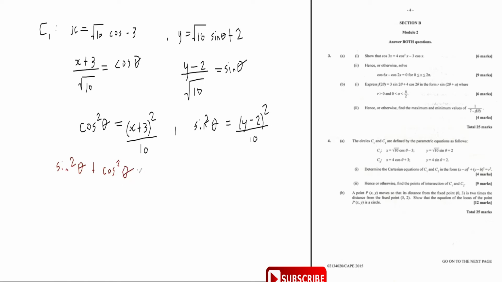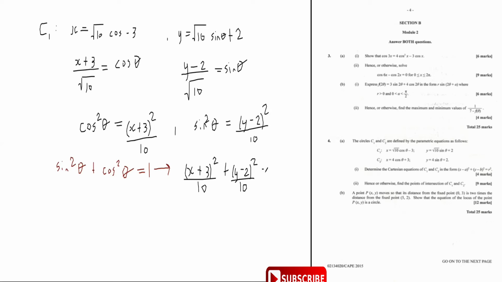And since sine square theta plus cos square theta equal 1, and we have an expression for cos square theta and for sine square theta, that means x plus 3 squared over 10 plus y minus 2 squared over 10 is equal to 1.